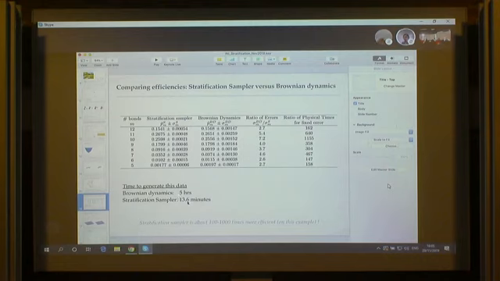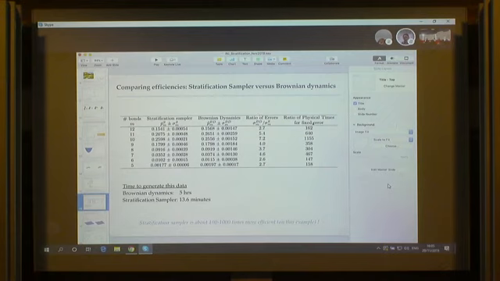And so if we want to compare the amount of physical time it would take for each method to have the same error bars, then we need to look at the ratio of actual times and multiply by the ratio of the error bars squared.